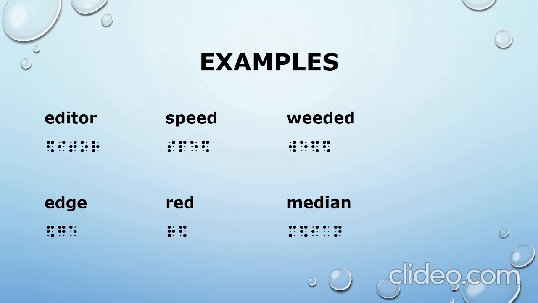Now this is a word with two EDs which we can contract. So instead of using 6 cells for 6 letters, we're now able to use 4 cells: WE, and the contraction for ED written twice.